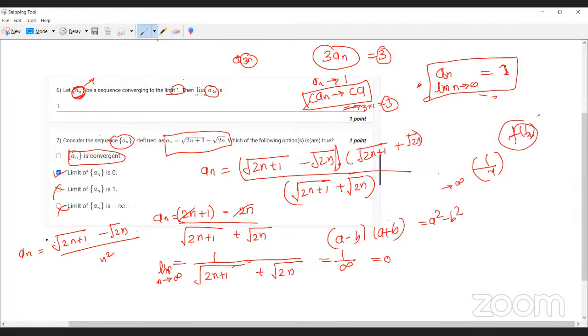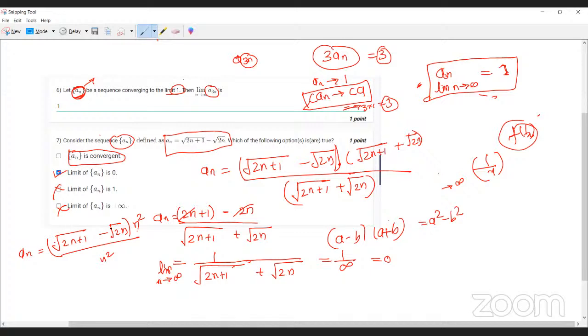I want to bring this into 1 by something form, 1 by variable form, for limit x tends to infinity. How will I get that from this?